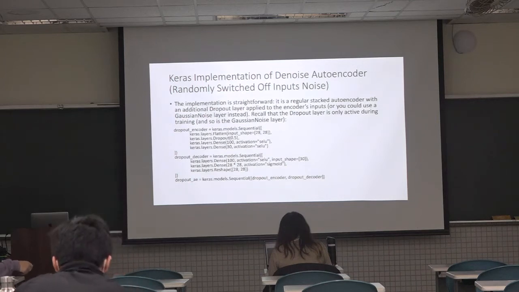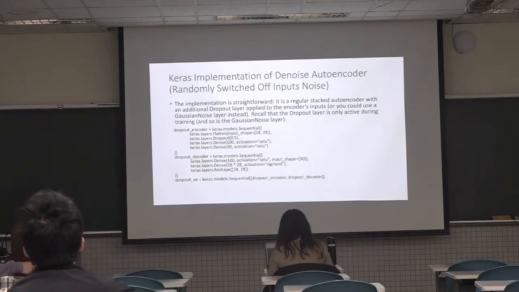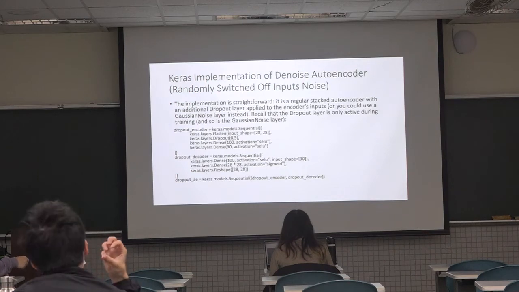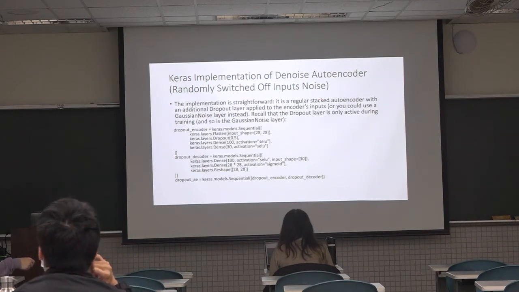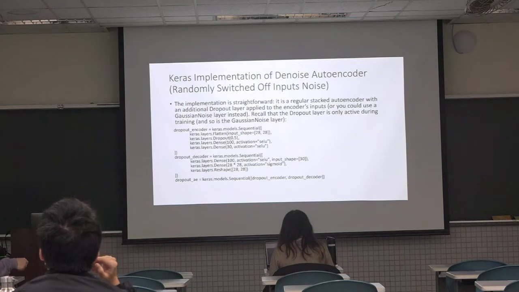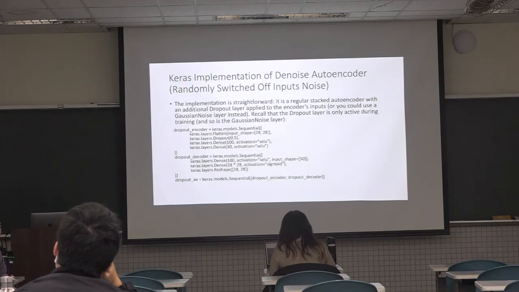If you want to implement the Gaussian noise layer, we can use a Gaussian noise layer, and this Gaussian noise layer, just like dropout, only works during training.